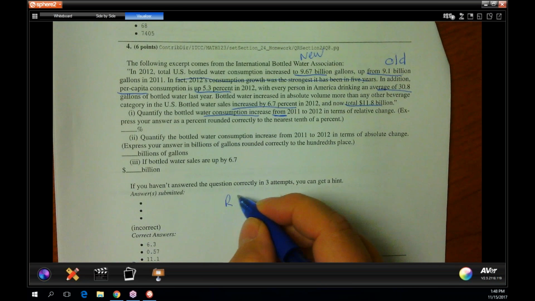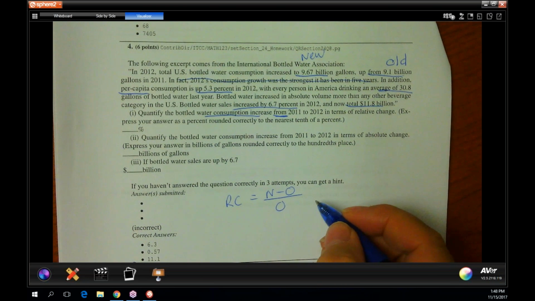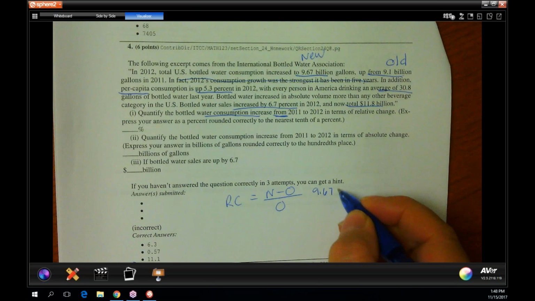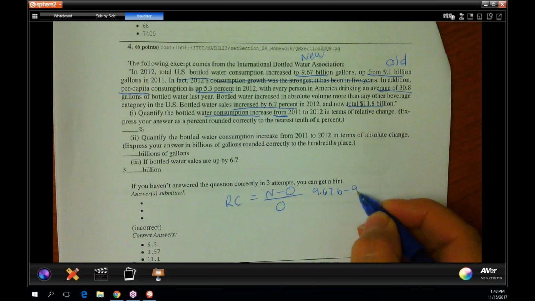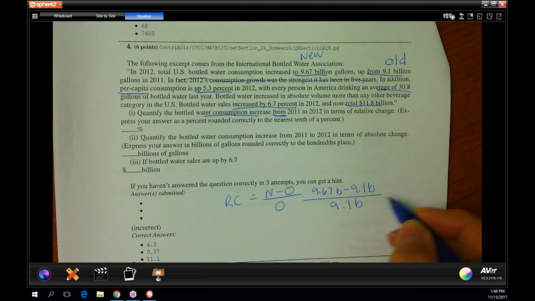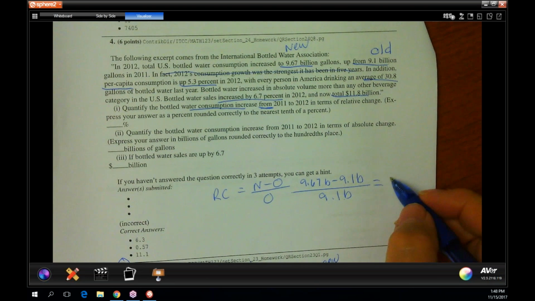Just come down here. New minus old over old. So 9.67 billion minus 9.1 billion over 9.1 billion, the billions are going to cancel.